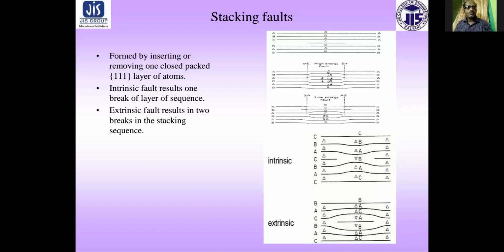Now, stacking faults are generally of two types, as shown here, called intrinsic and extrinsic. An intrinsic fault results in one break, whereas an extrinsic fault results in two breaks in the stacking sequence, as shown in this figure.